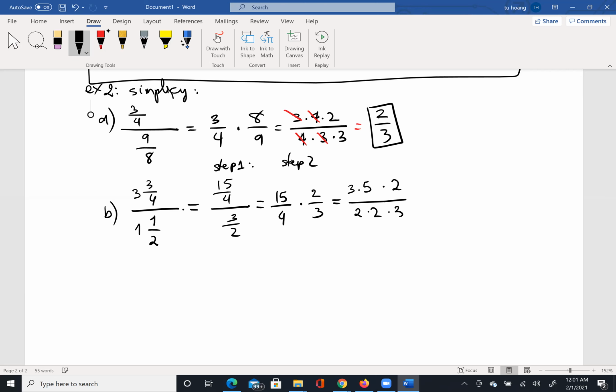And then you just cancel the common factors. 3 and 3, 2 and 2. So the answer should be 5 over 2.